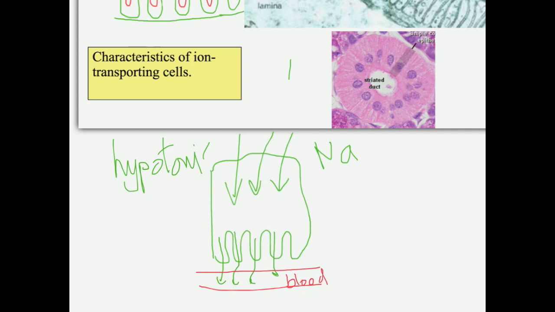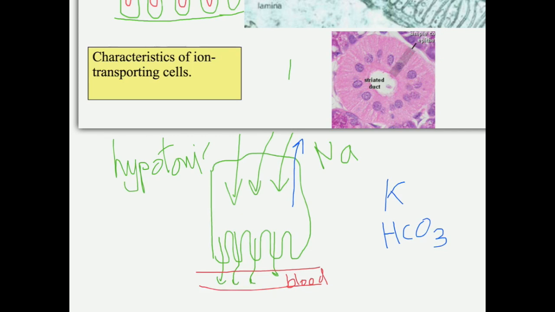Actually, it also has another function, which is the secretion of two things: potassium, but in a little amount compared to sodium, as well as bicarbonate. So it adds bicarbonate to the saliva as a way to obtain the optimum pH for the enzyme amylase.